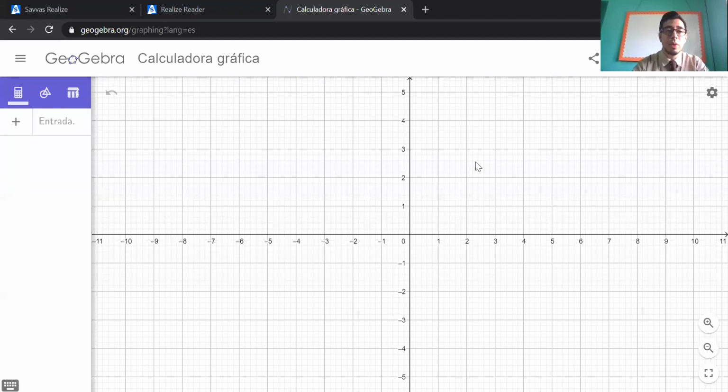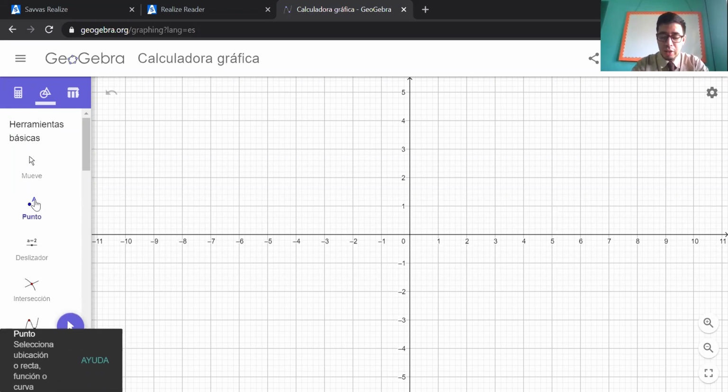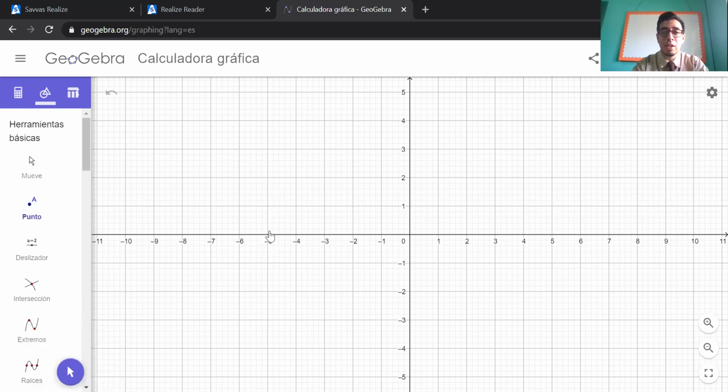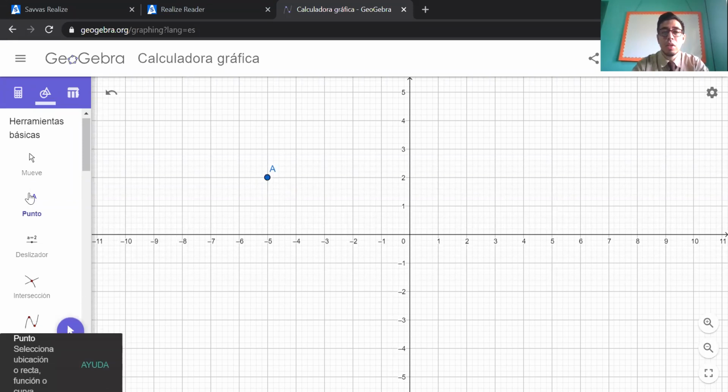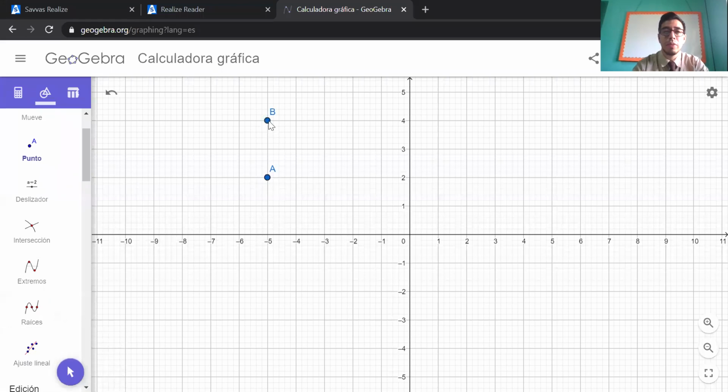For example, the first point that I have is the point A, and I have the coordinates for the point A. They are -5 for x and 2 for y. The point is going to be located in here. Then the other point that I need to place is B. The coordinates for B are -5 for x, but 4 for y.